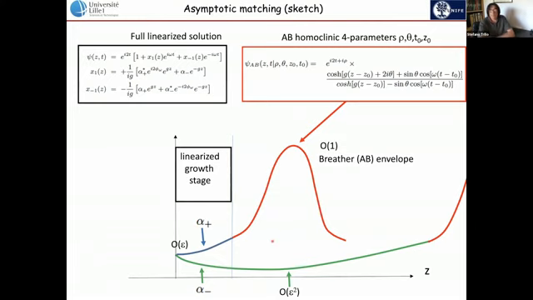But now what happens is there is also something which is decaying, and this decays to order epsilon squared, the alpha minus. So what happens at the second peak is actually this alpha minus, which is growing again, not alpha plus.